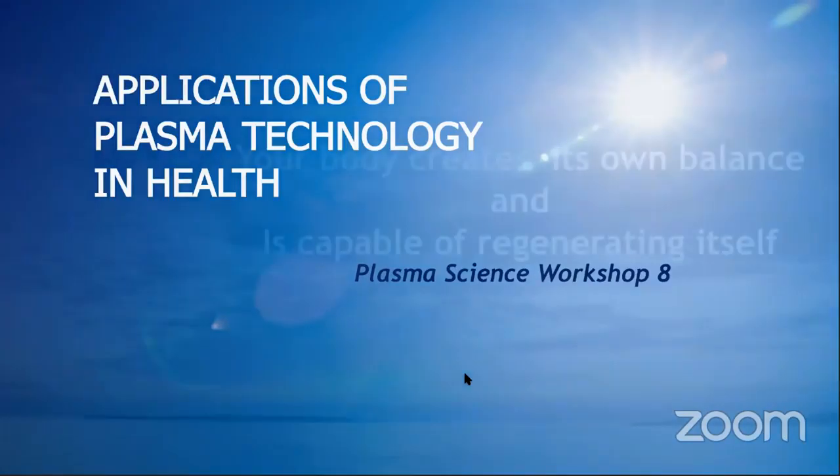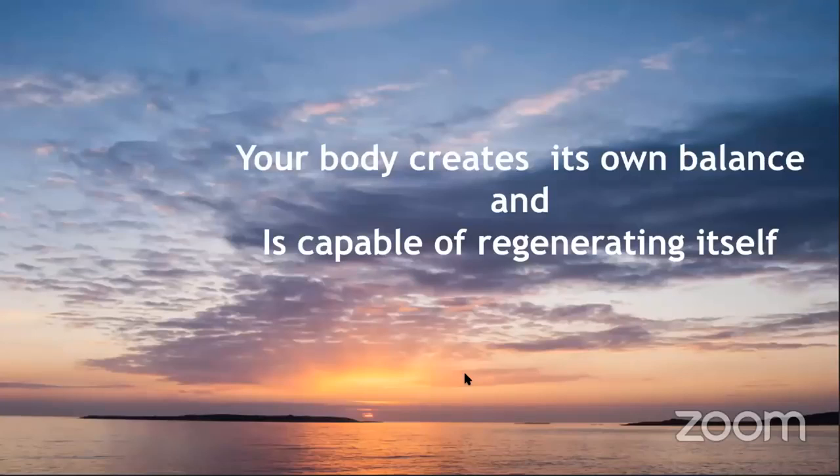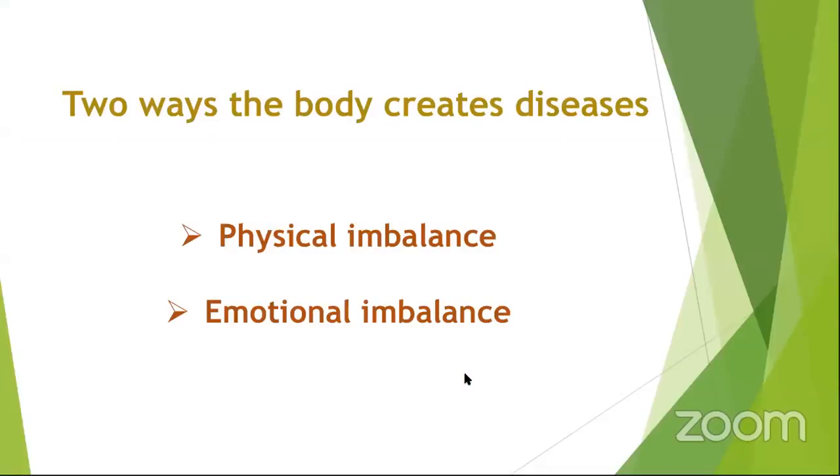So, we have to understand that your body creates its own balance and is capable of regenerating itself. How we're going to do it, that's the topic now, how we can bring balance to the body. There's two ways. First, to understand how we create diseases.